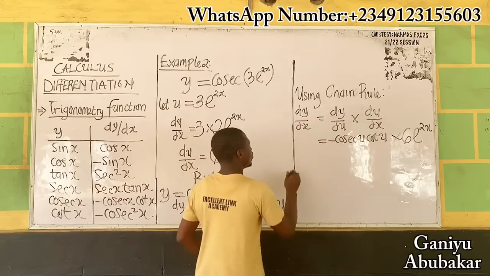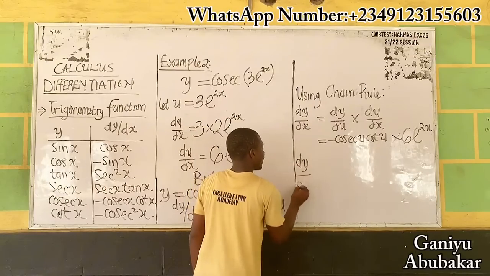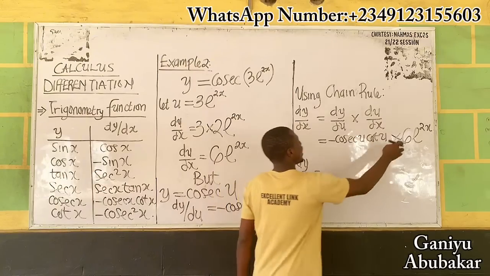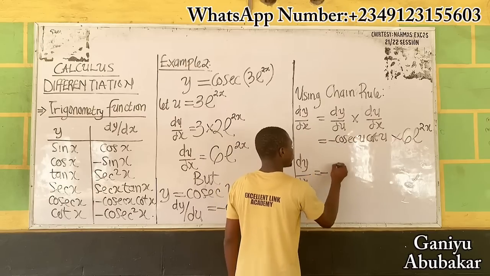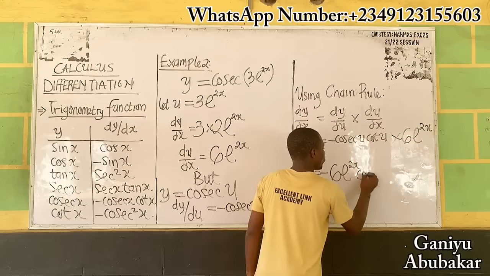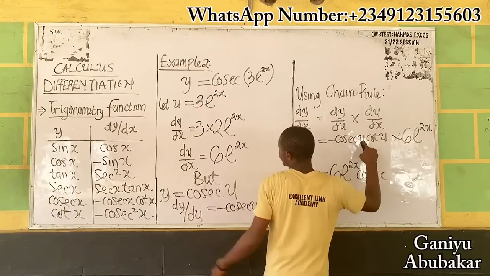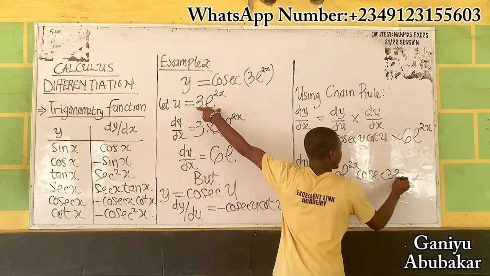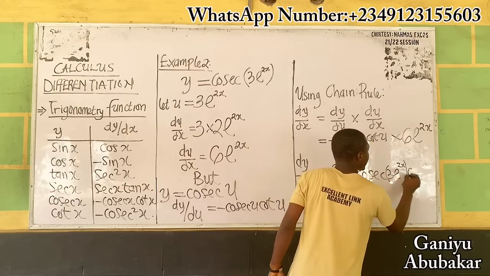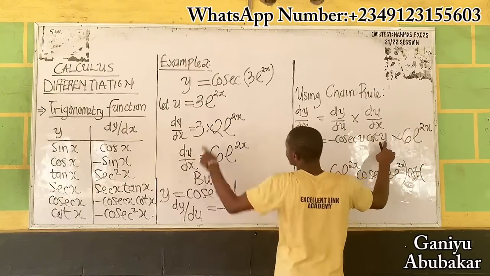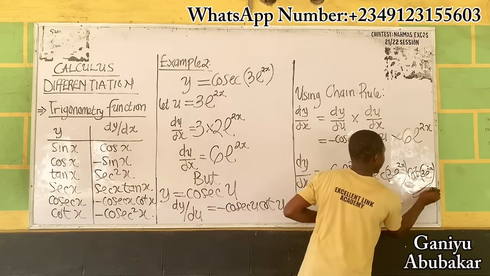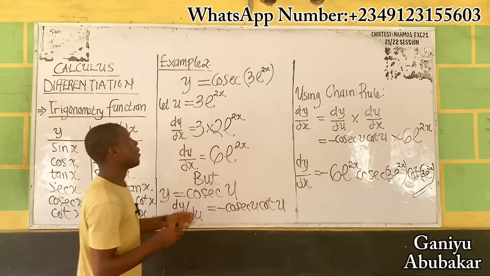So dy over dx will be equal to minus 6 exponential 2x, followed by cosec u, where u is 3 exponential 2x, then cot u, where u is 3 exponential 2x. This becomes my answer to this particular question.